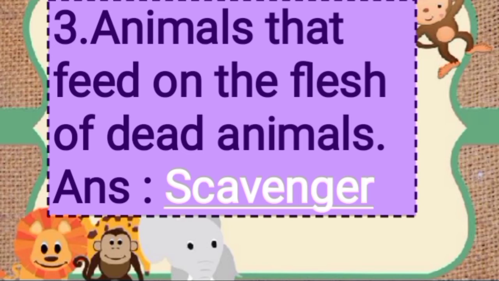Answer: scavengers. Animals that eat dead and decaying plant or animal material are scavengers, and the remains of hunted animals are one opportunity for this kind of animal to eat.